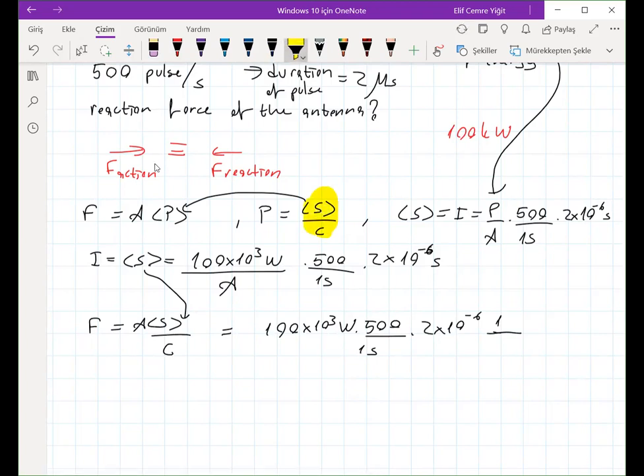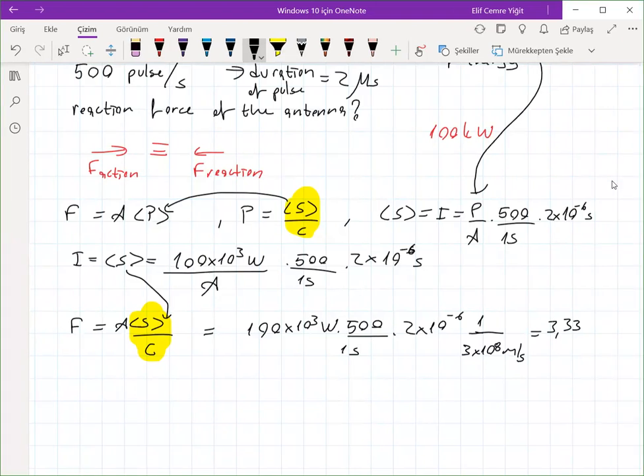So our formula is this. I substituted this in here. C is 3 times 10 to the 8 meters per second, and the answer will be 3.33 times 10 to the minus 7 newtons.